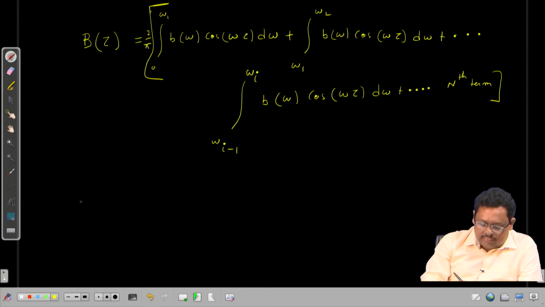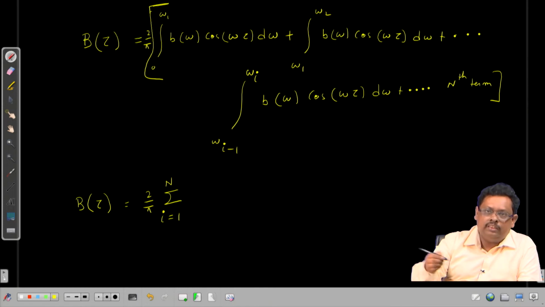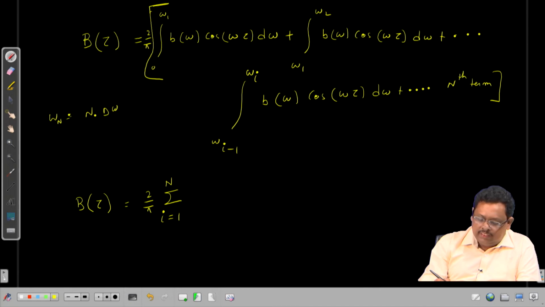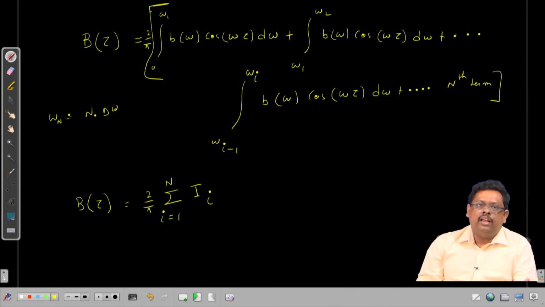Then I can write this in a simpler way: 2 by pi into summation, I equal to 1 to capital N. That is what I talked about, that is why omega_n should be n into some delta omega. So, it is 2 by pi into the sum of I_i. This is how I can express b(tau) very nicely.